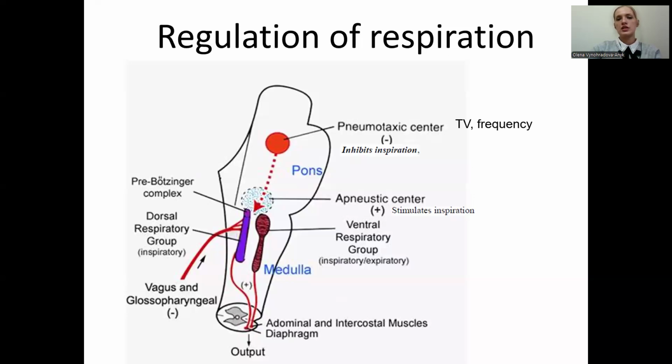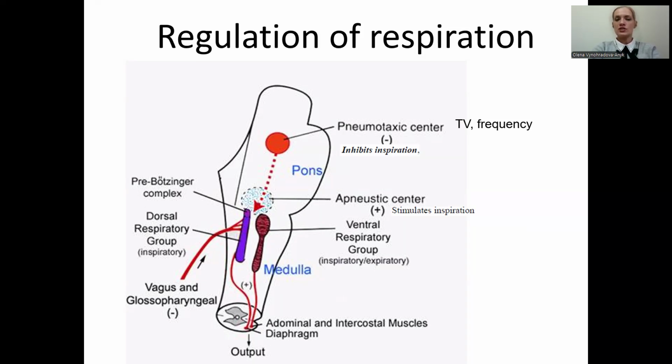When we are talking about regulation of respiration, here we have the respiratory center. The respiratory center is located in the medulla oblongata. There we have the dorsal respiratory group and the ventral respiratory group.